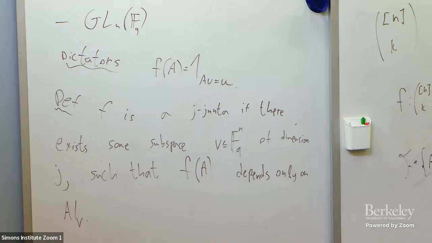In the Boolean cube, you can see that the characters of degree D are all D juntas. They all depend only on D coordinates.